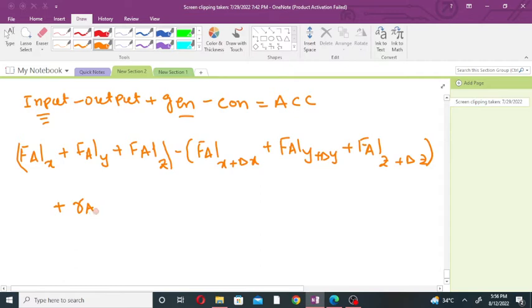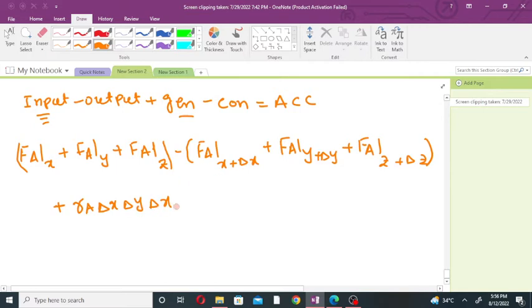Suppose A is generating inside the system, I am writing it plus Ra, multiplied by the volume of the system, delta x, delta y, and delta z. The unit of Ra is mole per unit volume per unit time, so this volume will cancel with the system volume, and it will be mole per unit time, which is the unit of these terms.